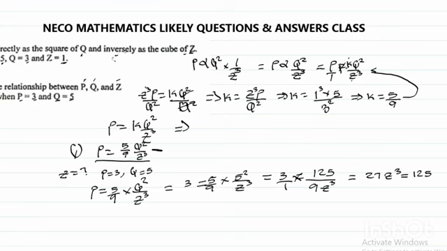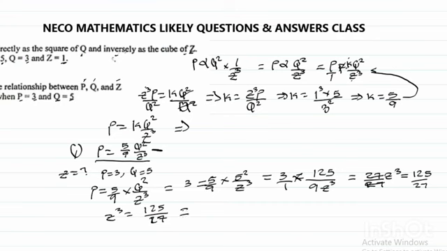To make z the subject of the formula, we divide both sides by 27. So z to the power of 3 will be equal to 125 divided by 27. This is not z squared, so you take the cube root of both sides.